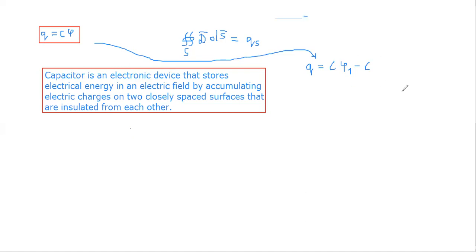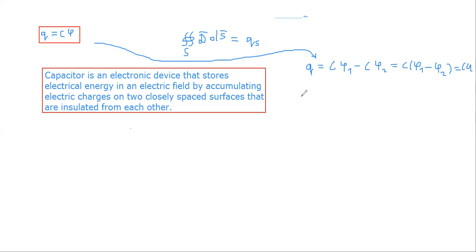It will have minus because the surfaces have positive and negative charges, charges with different signs. And this is equal to C multiplied by U.